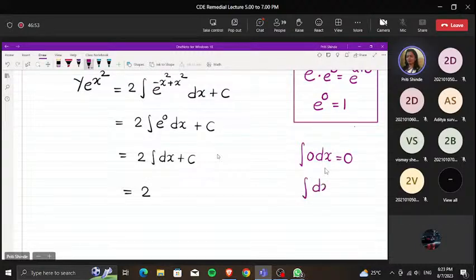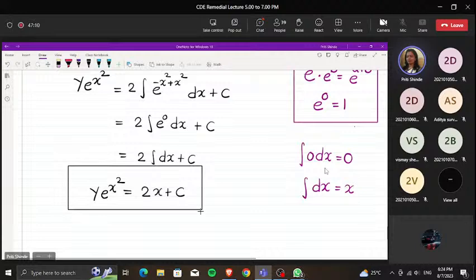Integration of dx is x. So 2x plus y e raised to x square. So this is your final solution of the given differential equation.